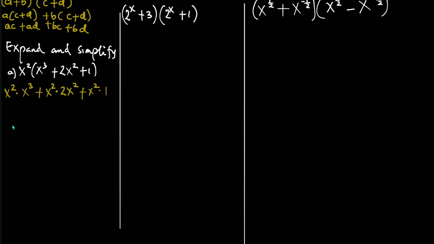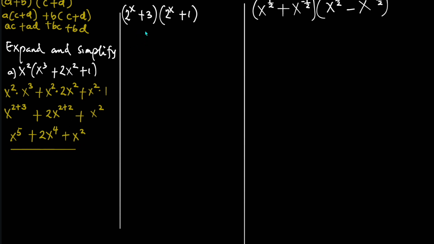Here, according to the law of the exponents we've learned previously, this is going to be equal to x to the power of 2 plus 3, plus 2x to the power of 2 plus 2, and plus x squared multiplied by 1 gives x squared. So this equals x to the power of 5 plus 2x to the power of 4 plus x to the power of 2. That is that.